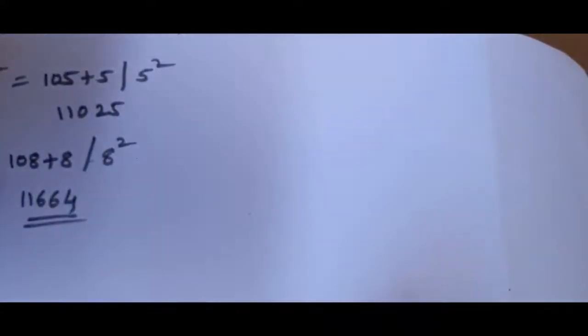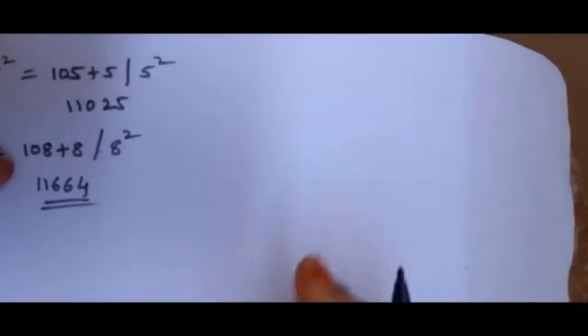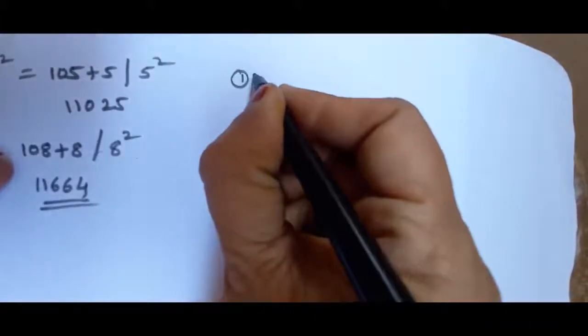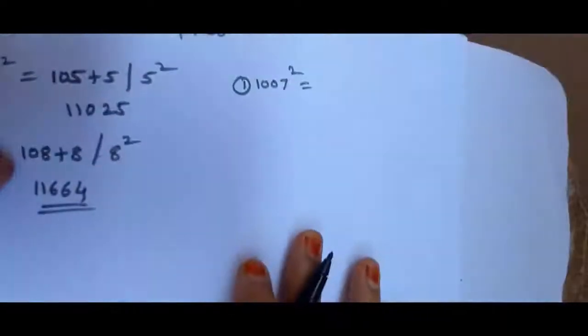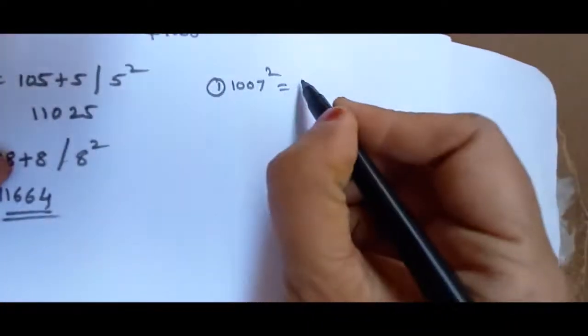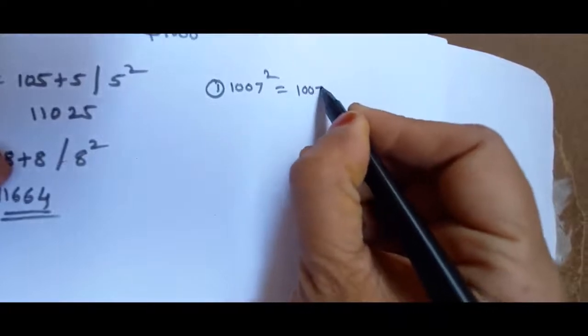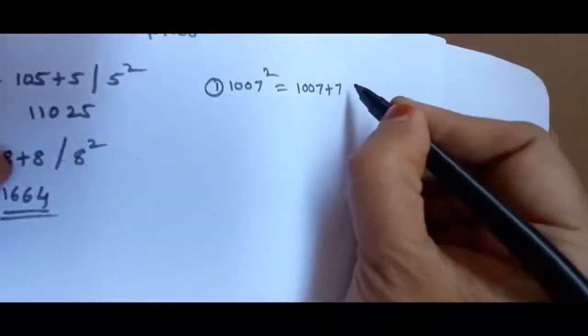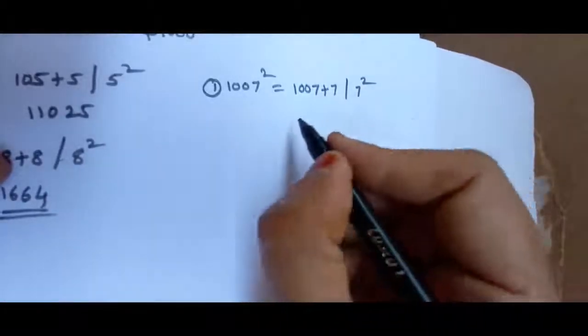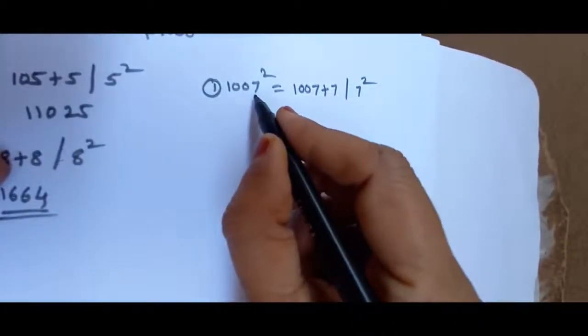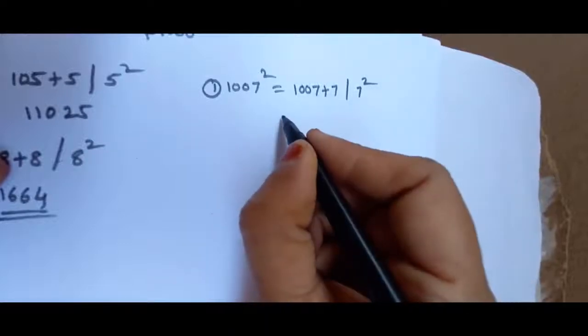Now let's see above base 1000. Let's take one example now. 1007 square. It is nearer to 1000. It is 7 more than 1000. It is more than, so we need to add. Next, we need to take the square of 7. How much more, that number's square we need to take, right?